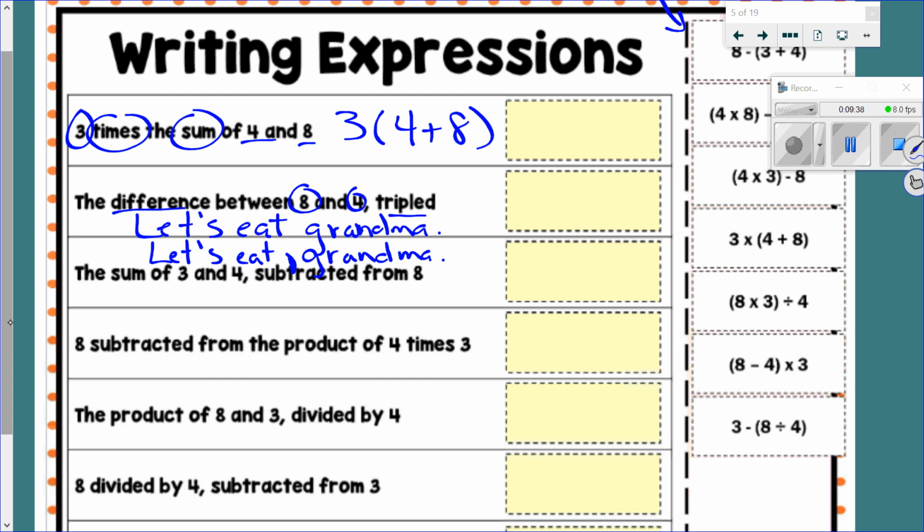Why am I taking the time to point this out? Because mathematically, the commas mean something. The commas are giving us a pause and telling us we're doing this, then we're doing this. So when you are translating from English to math, pay attention to the commas. They mean something. Okay?